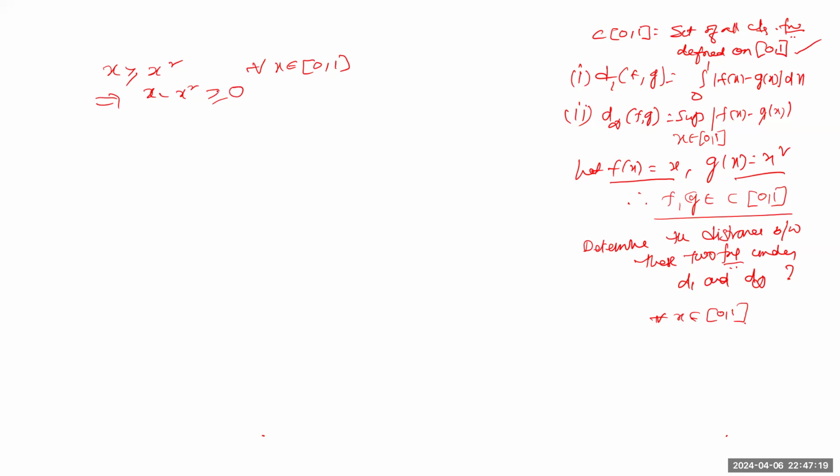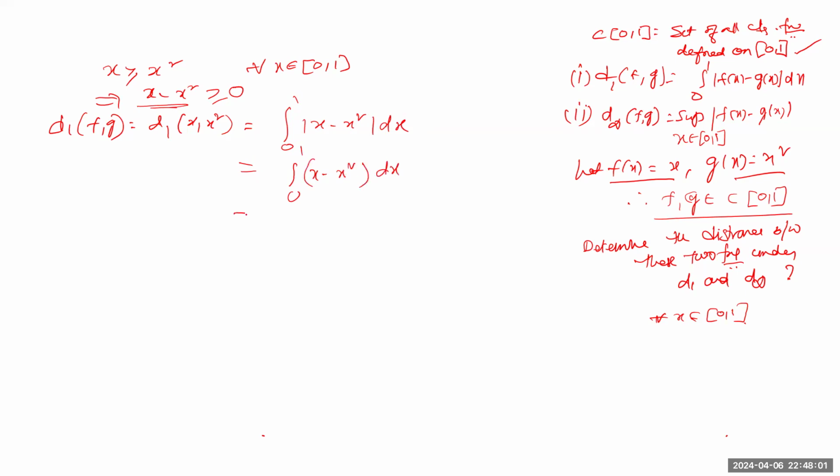Okay, no problem. So now, what is my distance of f comma g? That is d1 of x comma x squared, that is integral 0 to 1 modulus of x minus x squared dx, right? Since x minus x squared is positive, I can remove the modulus. That is x minus x squared dx. What is this value?